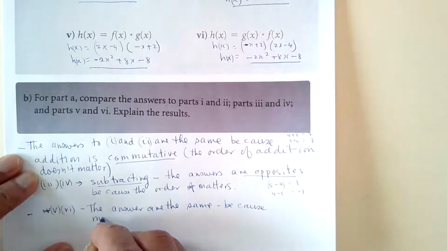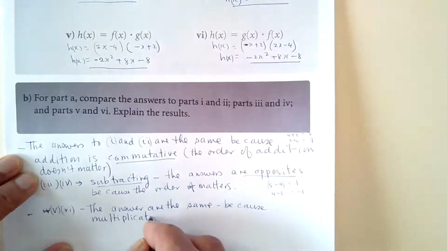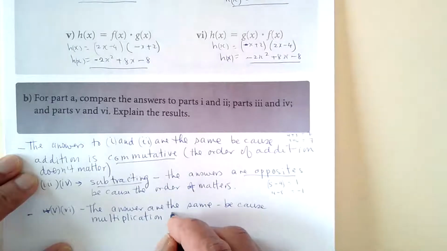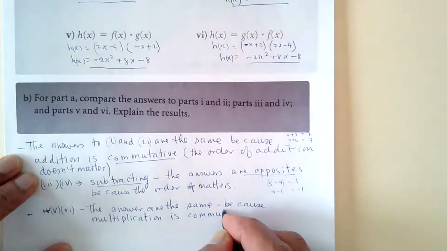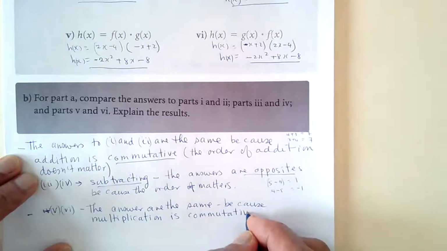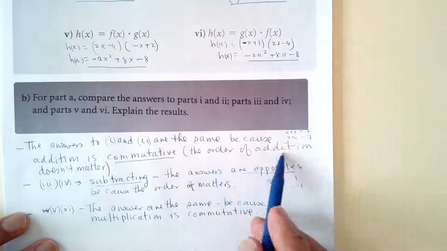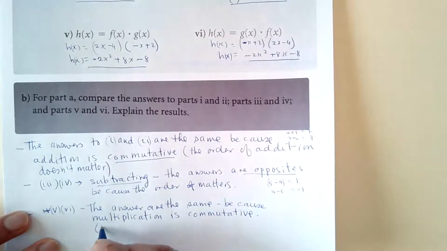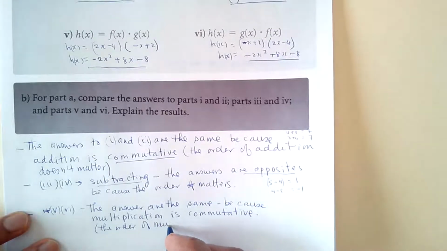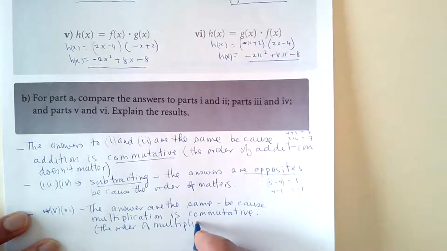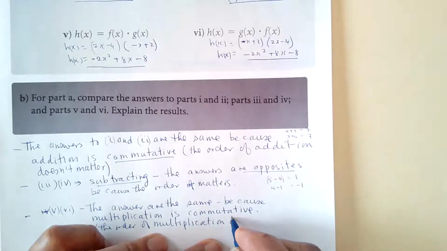Because multiplication is commutative. The order doesn't matter. So the order of addition, the order of multiplication doesn't matter.